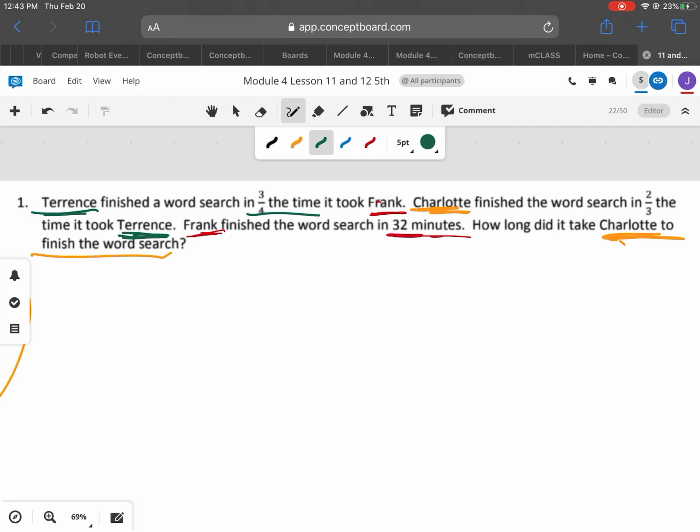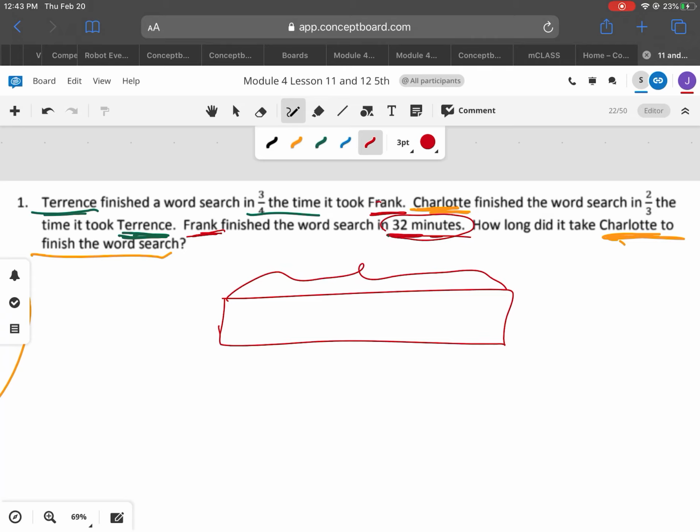Alright, so what we see is that Terrence finished the word search in 3/4 the time it took Frank. We know Frank did it in 32 minutes. So when we do our tape diagram, to find Terrence, this will be Terrence. Well, let me put it in green so you remember. We know that it's 32 minutes.